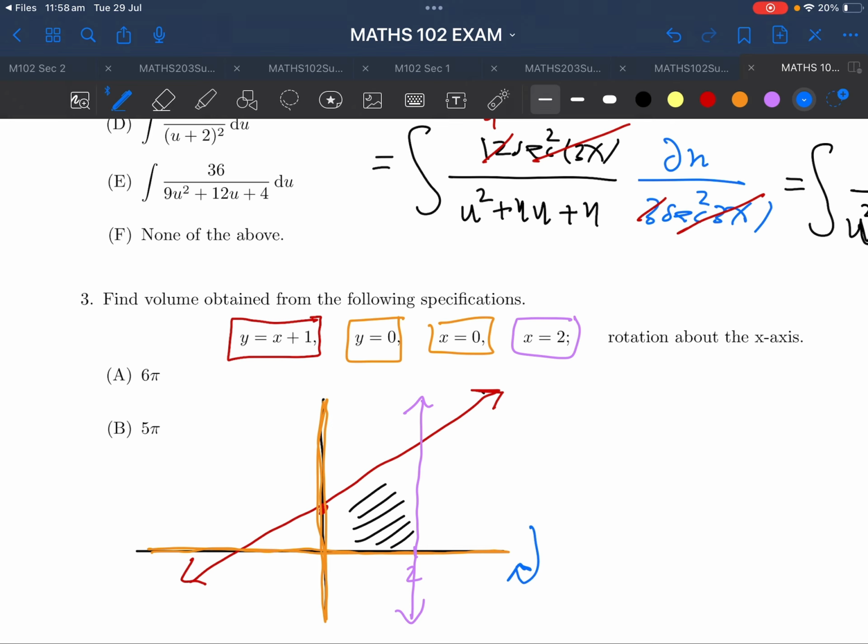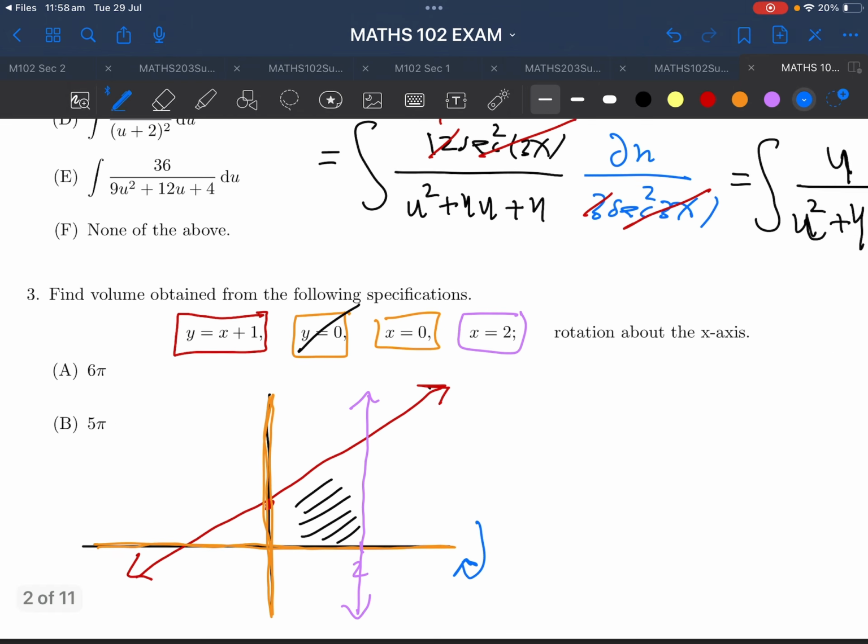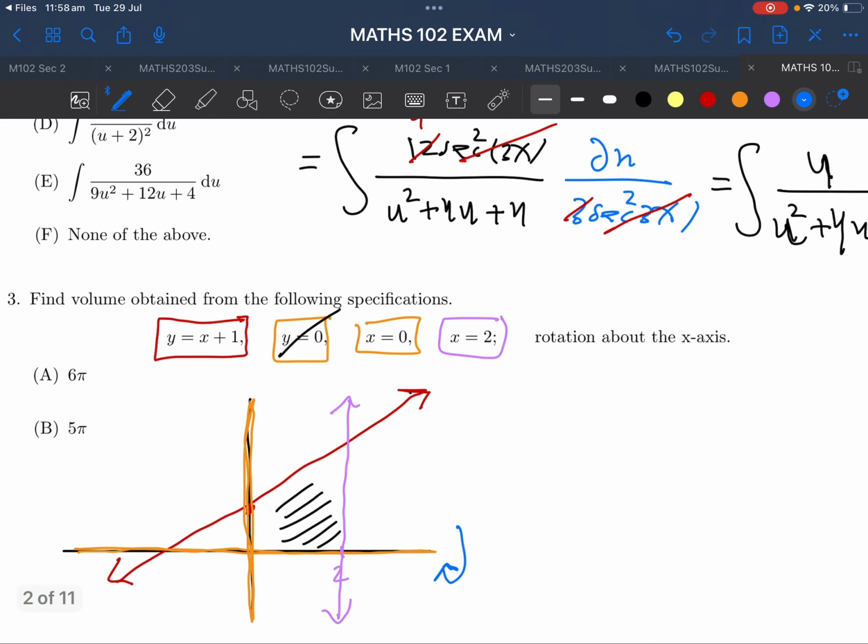Of course, this is unnecessarily given to me because now I would get confused whether to use this region or this region. So I just need to change. Keep it as this. We'll find the answer and see if we get one of these answers up here. But I do believe that y equal to 0 shouldn't be there. So if we assume that, we need to find the intersection point.